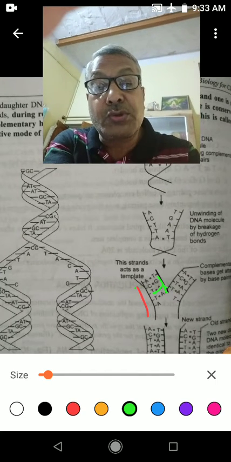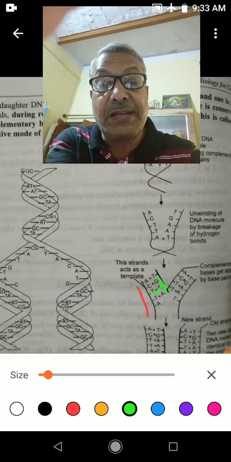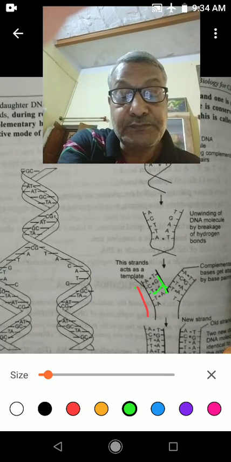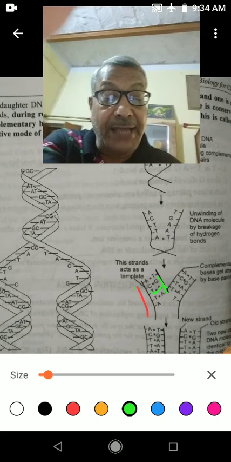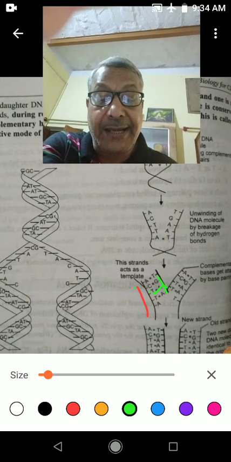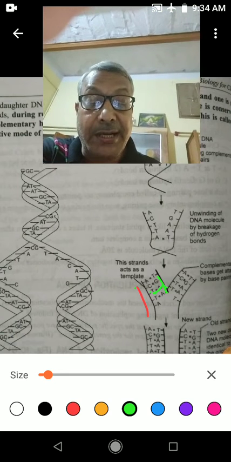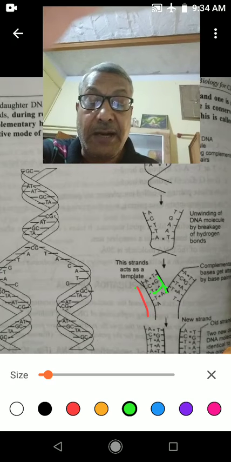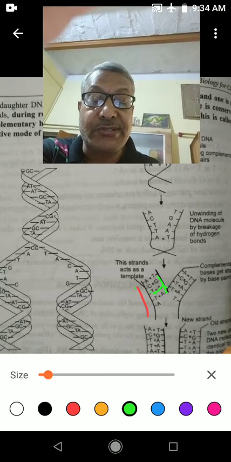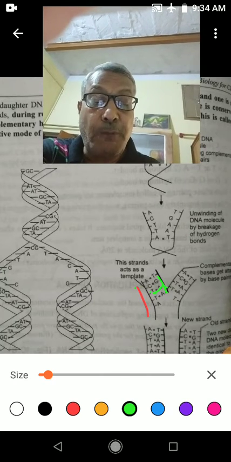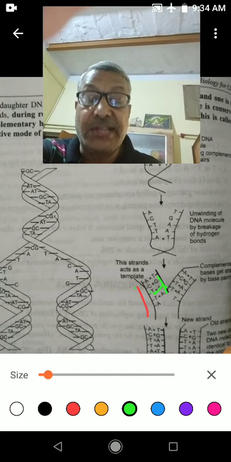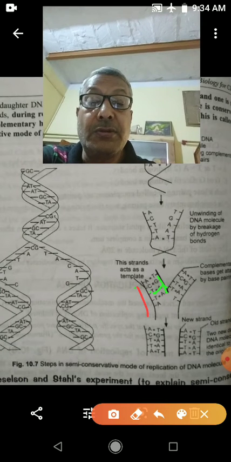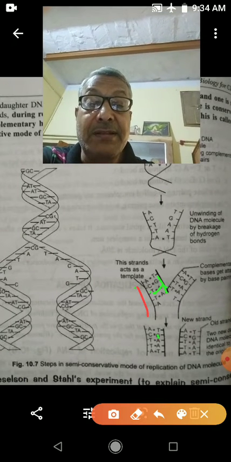There are two hydrogen bonds between adenine and thymine, and three hydrogen bonds between cytosine and guanine. So by their hydrogen bonds they are attached, and their sugar radicals unite through their phosphate component by phosphodiester bond. Thus a new polynucleotide chain is formed. This is the new polynucleotide chain that has formed.